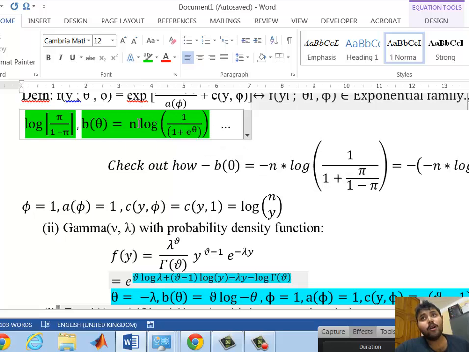So n into 1 by 1 plus e to the power theta comes above, and then we again need to differentiate this part, which is basically the chain rule.